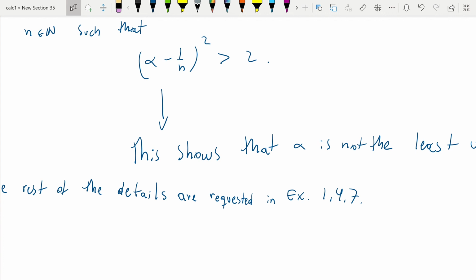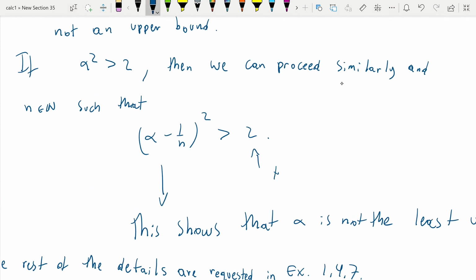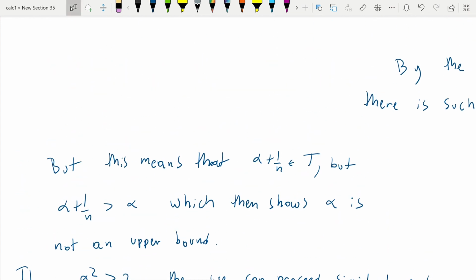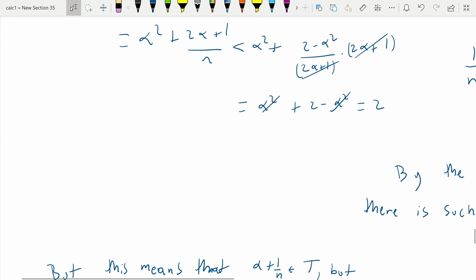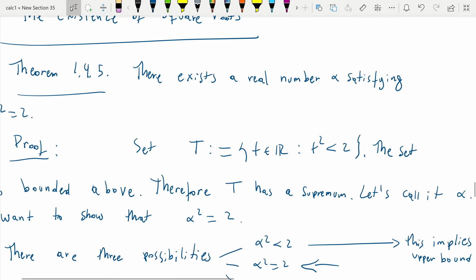And to finish, we just conclude something I mentioned at the beginning. We can adapt this proof by thinking of this number here as an x. Instead of 2, we put an x here and everywhere in the proof. And what we can show is that any number x that is greater than or equal to 0 will have a square root. You define the set T to be the set of real numbers such that t squared is less than x.